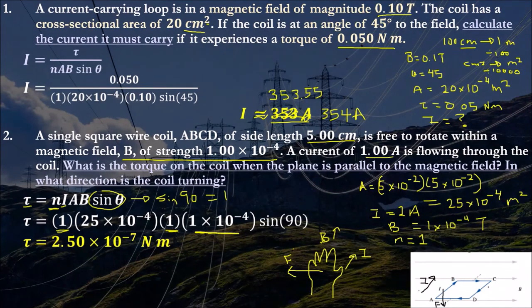Let's look at C and D. C and D is coming in the opposite direction to A and B, so my current is coming out of the page, so I'm pointing out. My fingers are still pointing to the right because that's the direction of the magnetic field. And then looking at the direction of my palm, it's pointing upwards.